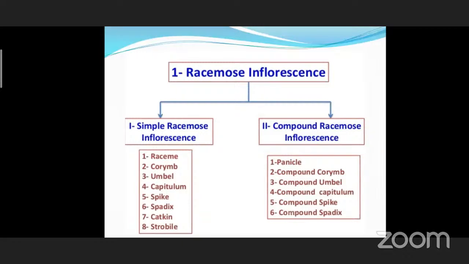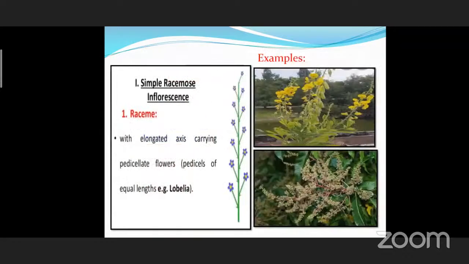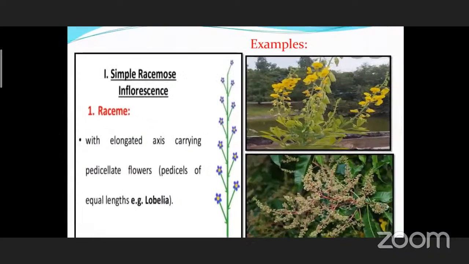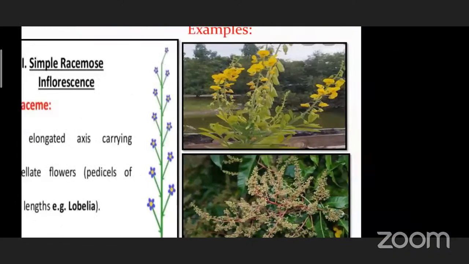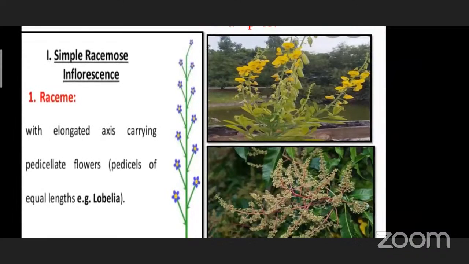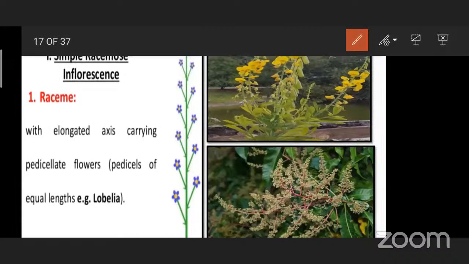Now let us discuss the first one, simple racemose inflorescence, subtype raceme. See here, this is the raceme, simple racemose inflorescence. This is the raceme type of inflorescence with elongated axis carrying the pedicellate flowers.